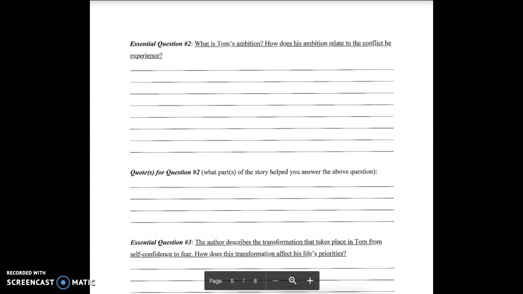Essential question number 2 says, what is Tom's ambition? How does this ambition relate to the conflict he experiences? Well, if you recall, his wife is a little disappointed that he's not going with her because he wanted to see the film as well.